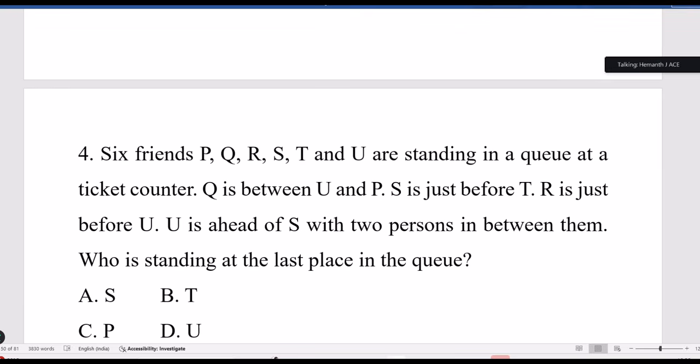Now Q ahead, behind is what? Front and back, they use these terms.